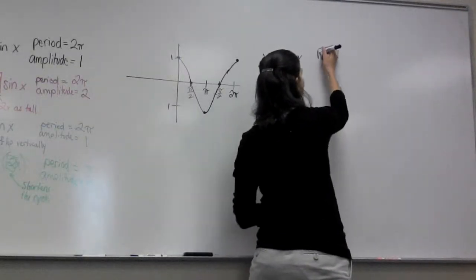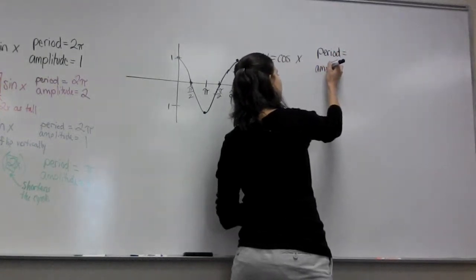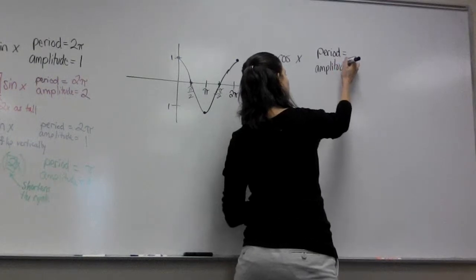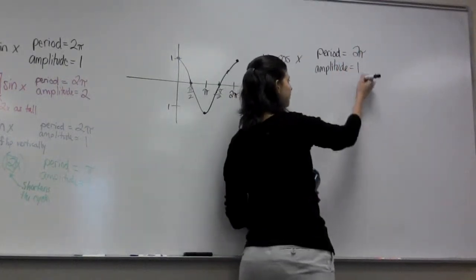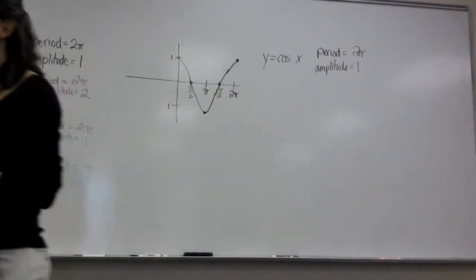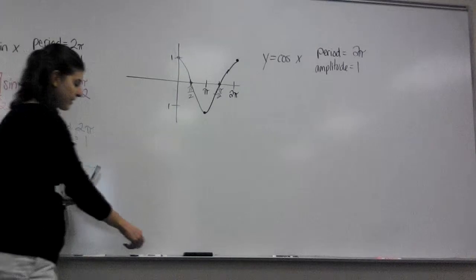What's the period and what's the amplitude? Period's still 2 pi. Amplitude is still 1. The amplitude again is the height up and down from the center axis of oscillation.